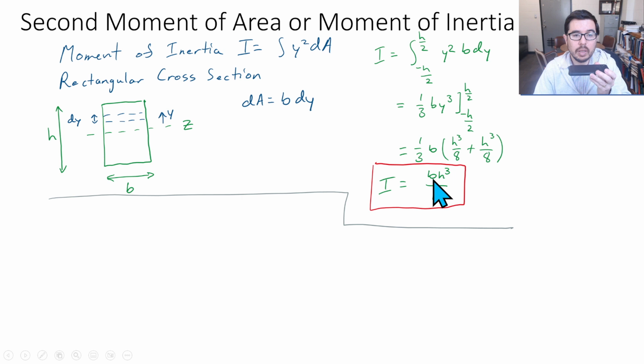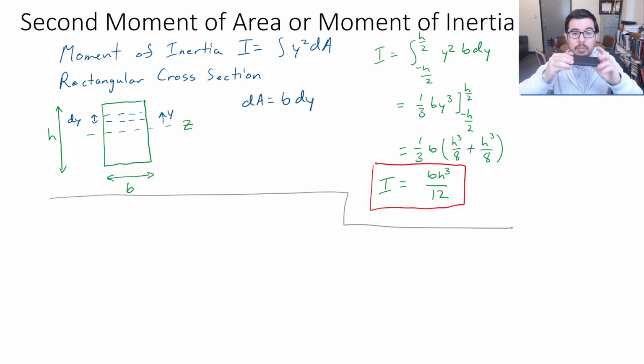So if I take a small b, all right, and have a big h, that would be this scenario. Okay, so h is big and b is pretty narrow, like this dimension here, then I can have quite a bit of resistance to bending.